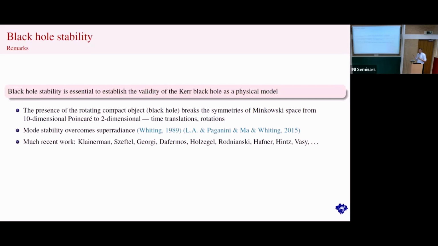And therefore, you would have to revise basically the whole interpretation of what you observe about galaxies and so on, because it is believed that most galaxies contain a supermassive black hole at the center, and this supermassive black hole plays an important role in organizing the life of galaxies, so to speak. So that's why this stability is so important. It's not just a mathematical problem; it's an astrophysics problem.